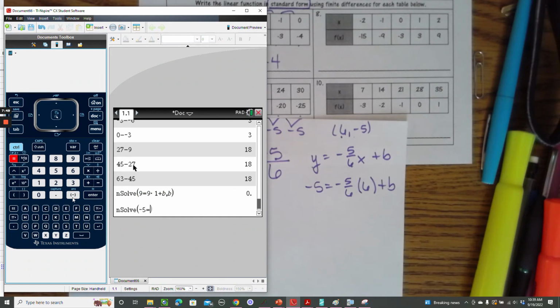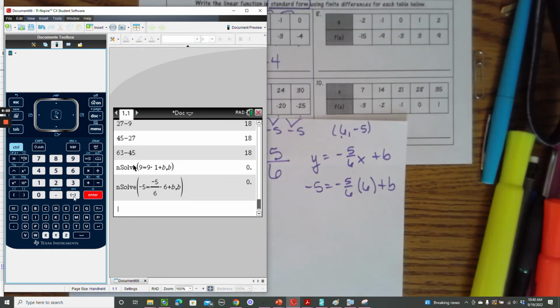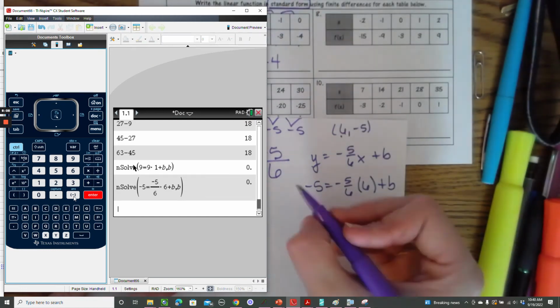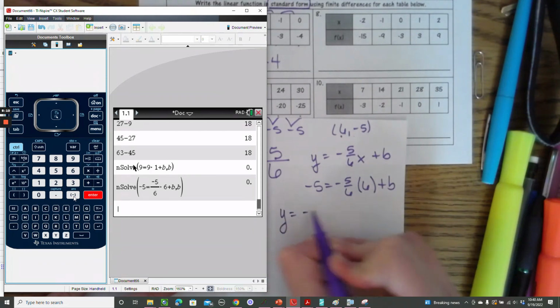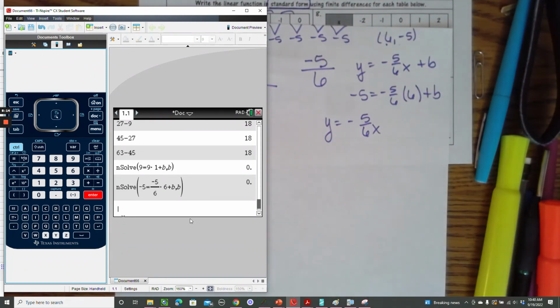Negative 5 equals negative 5/6 times 6 plus b, comma b. Remember when you solve, whatever letter, comma that letter. Okay, so my equation in slope-intercept form. That's it. But I need it in standard form.